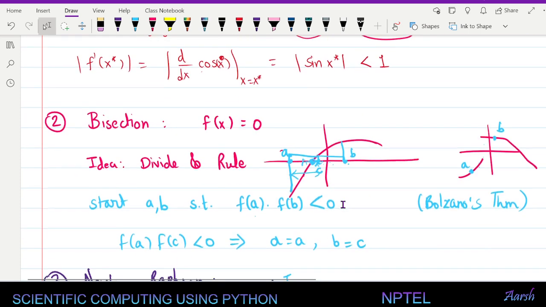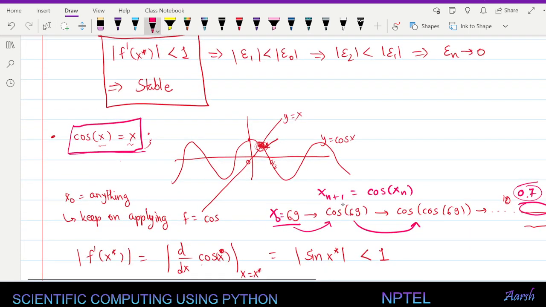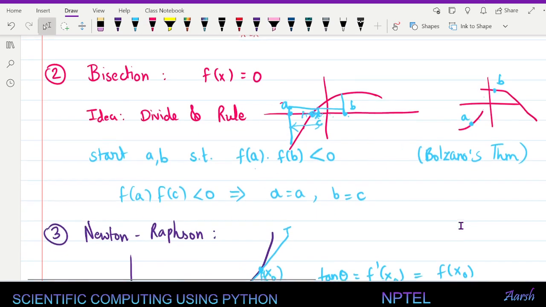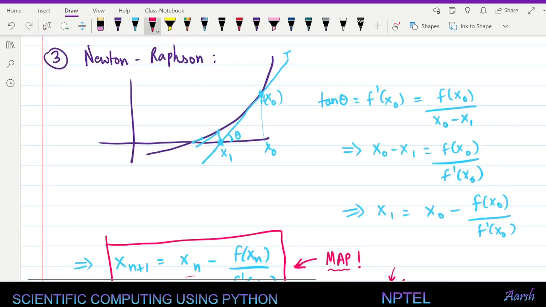Now what I am saying is that that was for f of x is equal to x kind of things. Now Newton-Raphson is an algorithm for solving for the roots, f of x is equal to 0. So we can convert this into a map, g of x is equal to x. g is not equal to f; g is a different function which has this functional form.